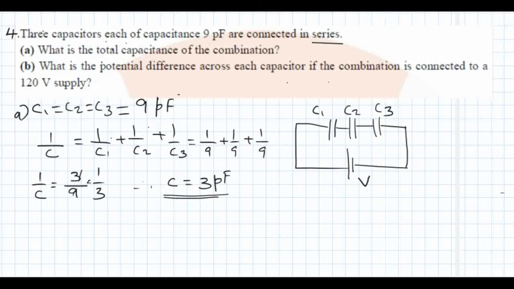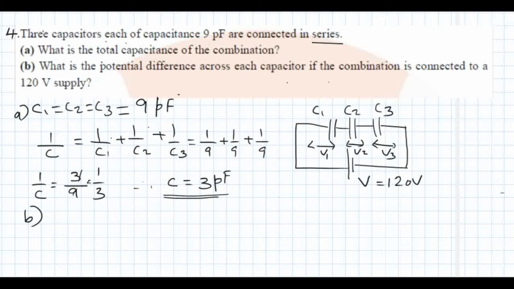And there is one more part, the B part. What is the potential difference across each capacitor? Across C1 it is V1, across C2 it is V2, and across C3 it is V3, right? Since the capacitors are in series, here V is equal to 120 volt, so this 120 volt will be shared equally across C1, C2 and C3.